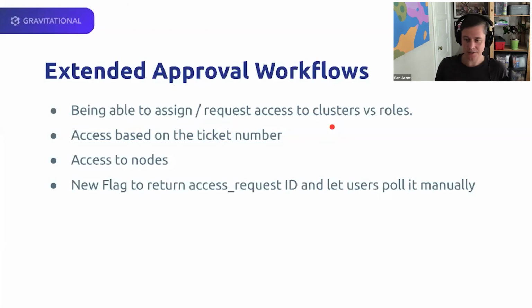They can send in a note. When the operator running Teleport gets that, they can create a role, or it can be programmatically created to provide access narrowed specifically for what their request is. And another feature is to just request access to specific nodes. And we'll add a flag so you can poll the API manually so you get the access request approved, so it's not always in real time.